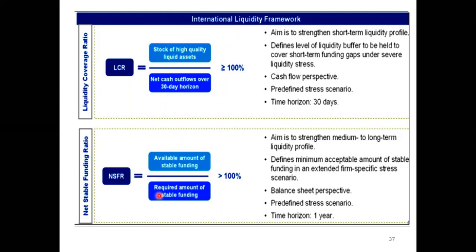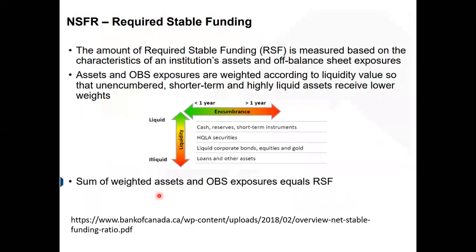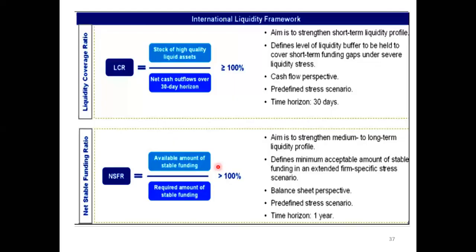Here we have the long-term loans of assets, right? It does not include high-quality liquid assets and cash or cash equivalents, right? We have to take this part as stable. These are the stable ones. These two, liquid corporate bonds and loans and other assets.